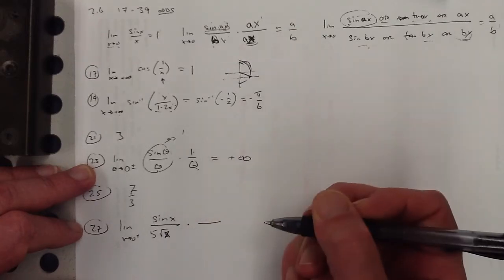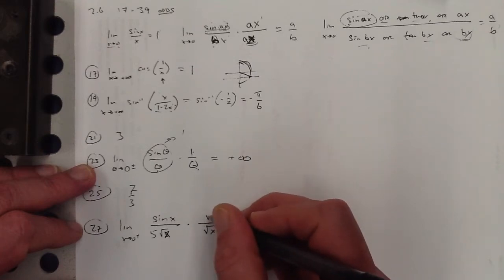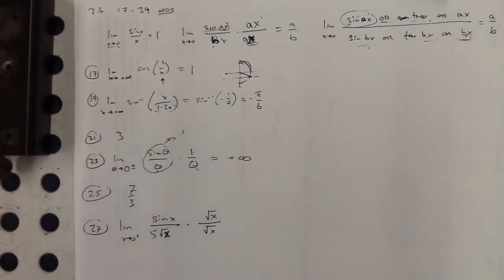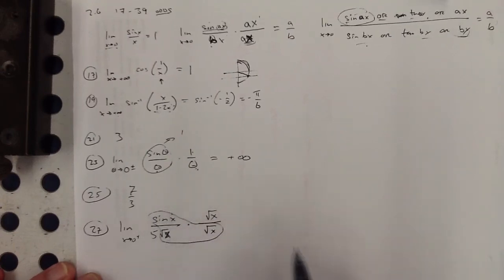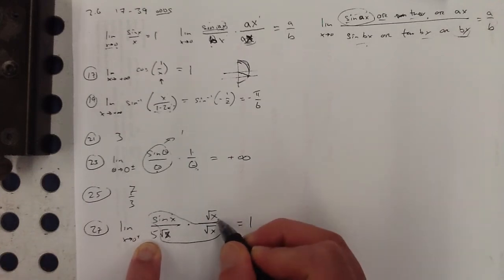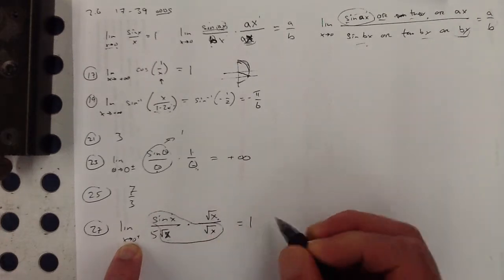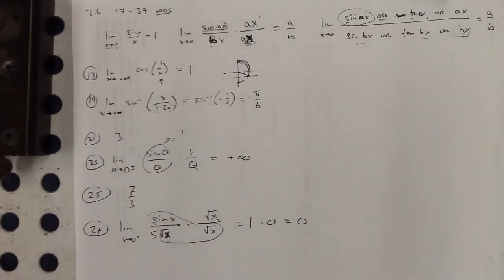So here, instead of splitting things up, I'm going to multiply by square root of x over square root of x so that I can get that to be x on the bottom. So now I've got sine x over x. That's equal to 1. And then I have the square root of 0 over 5. So that's 0. So I'm going to get 0 there.